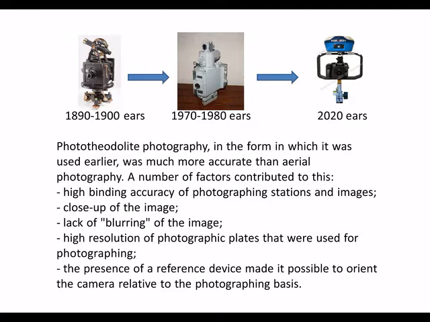Phototheodolite photography, in the form in which it was used earlier, was much more accurate than aerial photography. A number of factors contributed to this: high binding accuracy of the photographing station and images, close-up of the image, lack of blurring of the image, and high resolution of the photographic plates that were used for photographing.